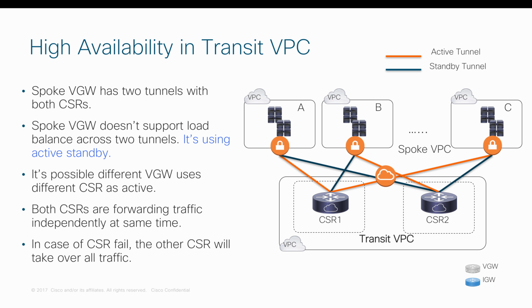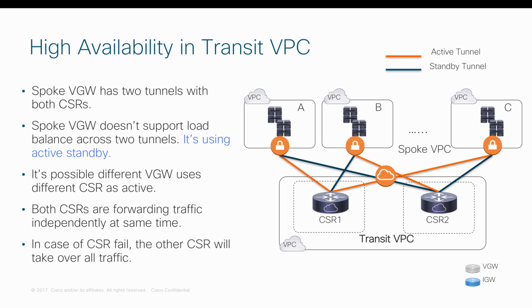Assume there's no VM running in the Transit VPC except the CSR, and you have your VGW running at the spoke. The VGW will establish two tunnels, going to CSR1 and CSR2, and if one tunnel fails, it will switch to another CSR.